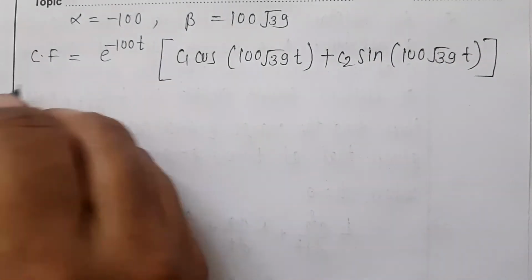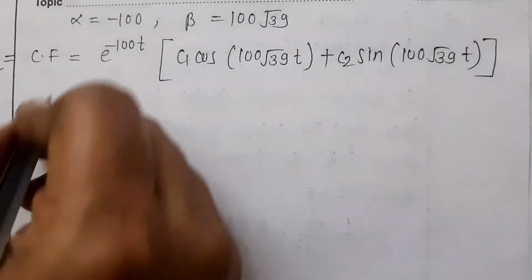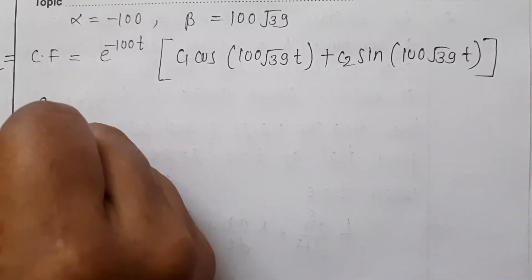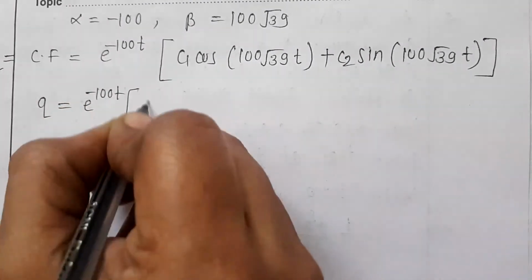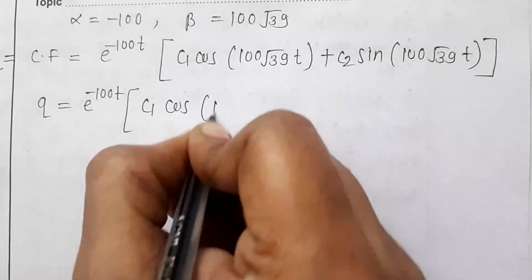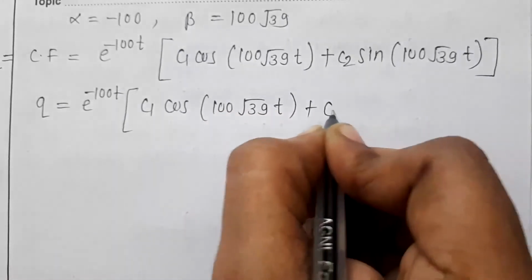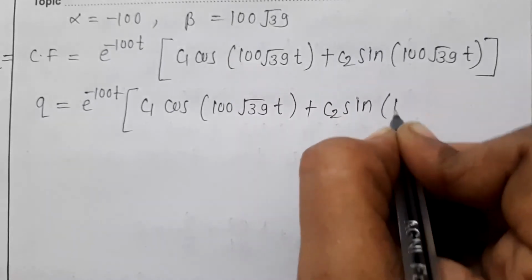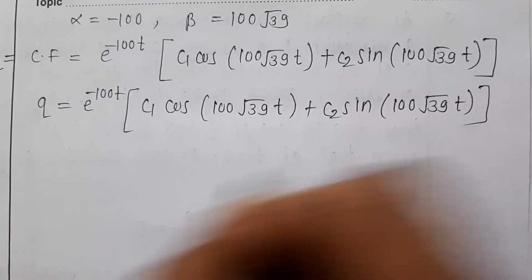So here CF is nothing but the solution and the dependent variable is q. So this is the solution for q. q is equal to e to the power minus 100t in bracket C1 cos of 100 root 39t plus C2 sine 100 root 39t.